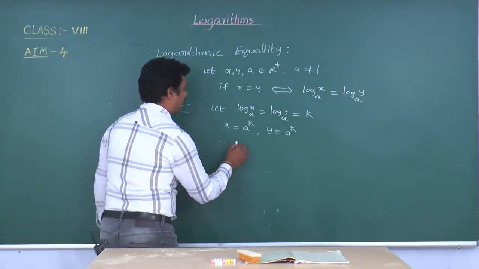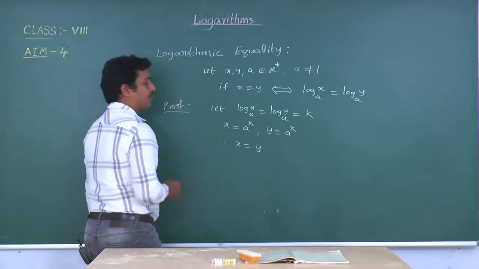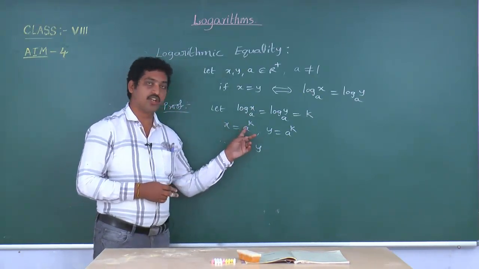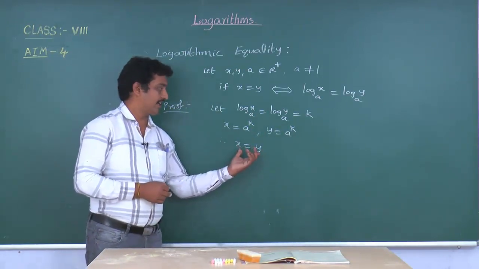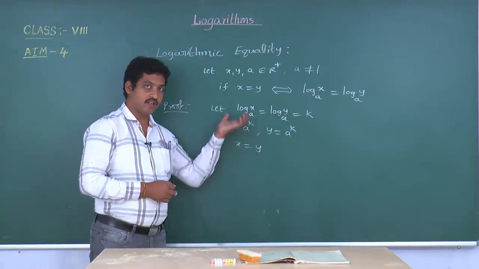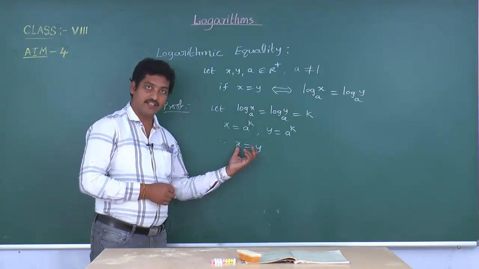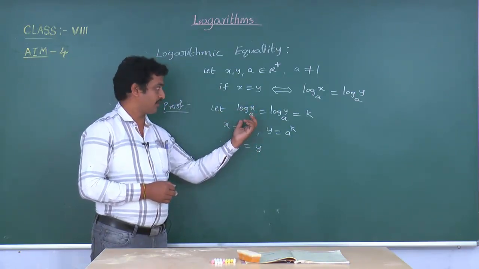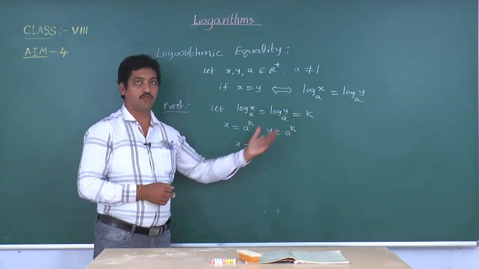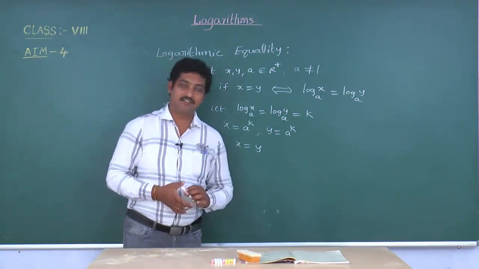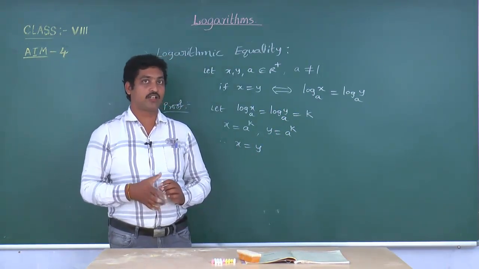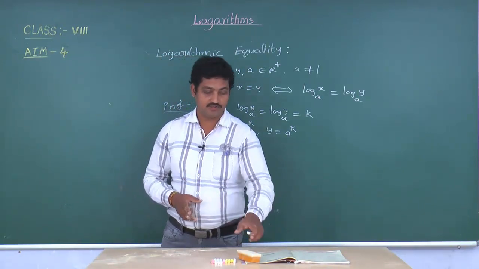Therefore, from this we can get x equal to y, because x equals a power k and y is also a power k. And vice versa also: by taking x equals y, we can get log x to the base a is equal to log y to the base a. Now, using this equality of the logarithms, we can compare two logarithms.